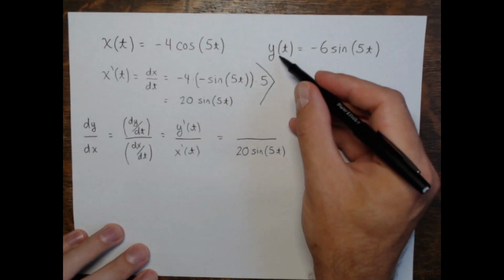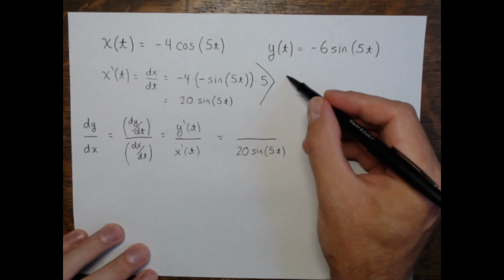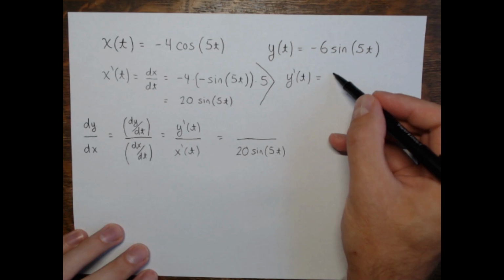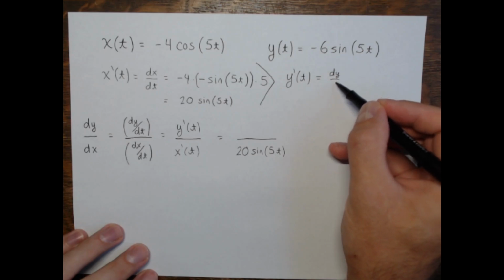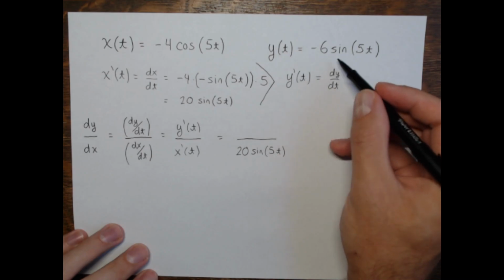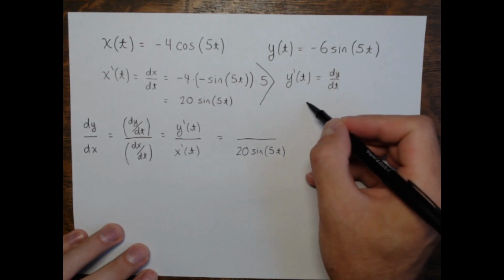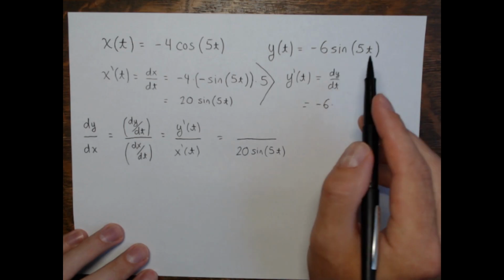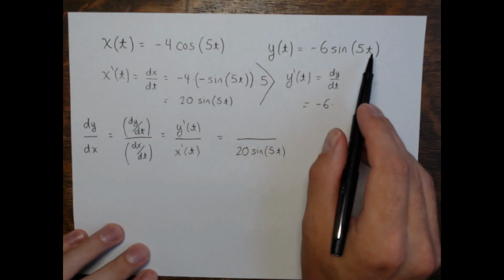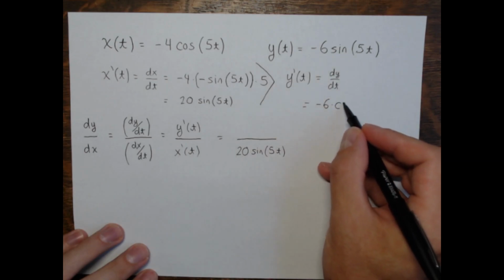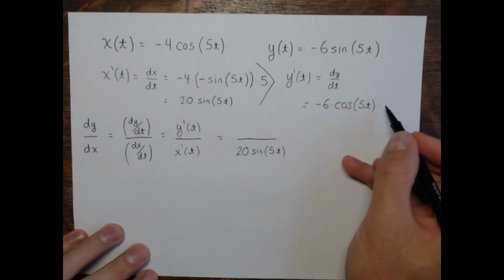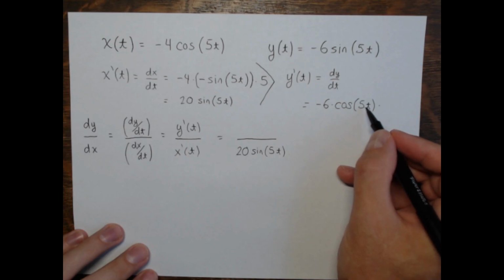Okay, and then we have y prime. Again, we could also call this dy over dt. It's going to depend on this parameter t. It's -6 times, and then the derivative of the sine of something was the cosine of that thing multiplied by the derivative of the expression inside it.